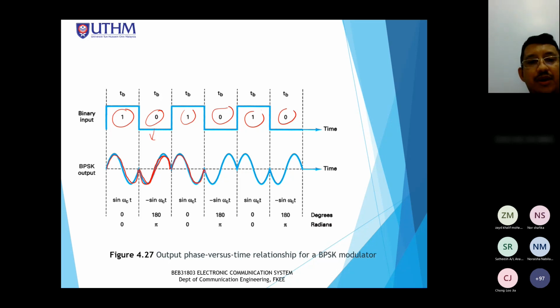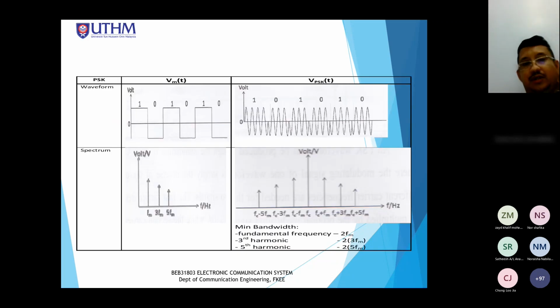Input logic 0, negative sine. Positive sine, negative sine. Okay, so you see that this part is a phase shift, 180 degree phase shift. And this is the waveform of BPSK and the spectrum of BPSK.